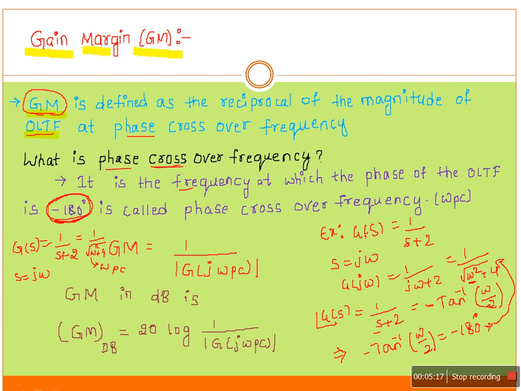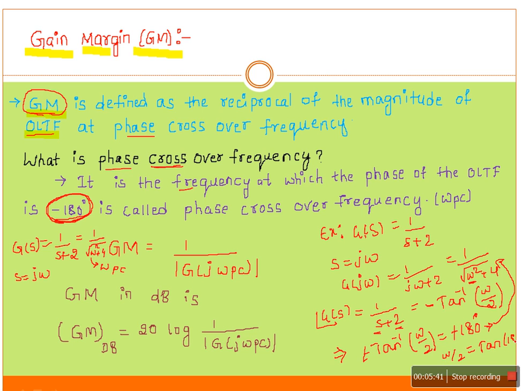So I take the phase of this open loop transfer function, 1 by s plus 2: the phase is minus tan inverse of omega by 2, since in place of imaginary we have omega and in place of real we have 2. I equate this to minus 180 degrees, the minus signs cancel out, and omega by 2 equals tan of 180.